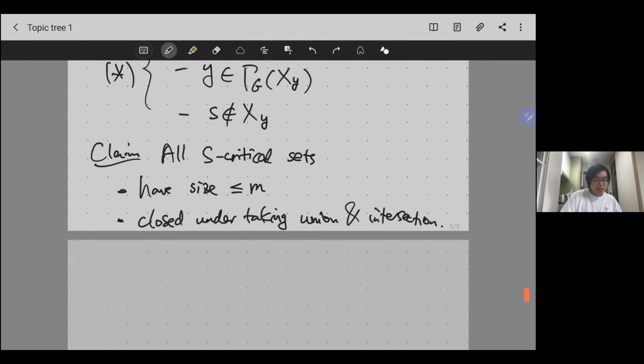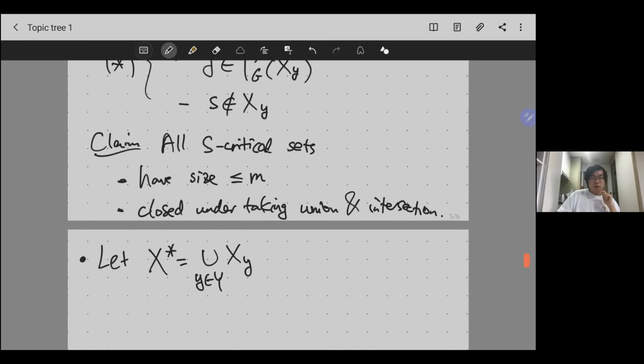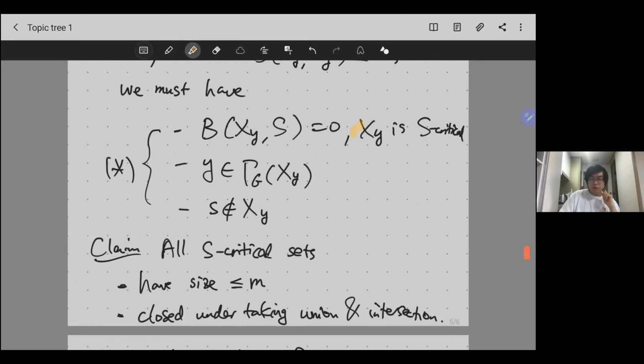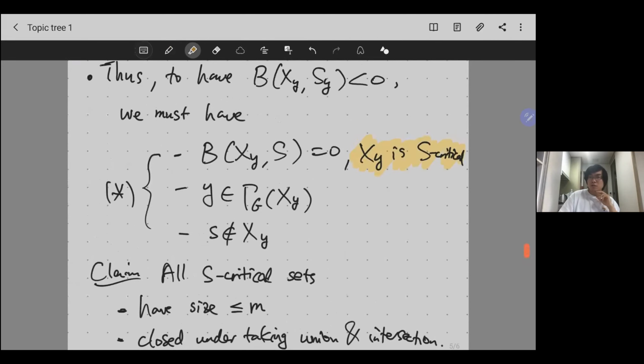We define a set X star to be the union of these small sets that witness that S sub Y is not extendable. We take the union of these small sets. Then what do we know about X star? First of all, recall that each one of these little witnesses is S critical, right?